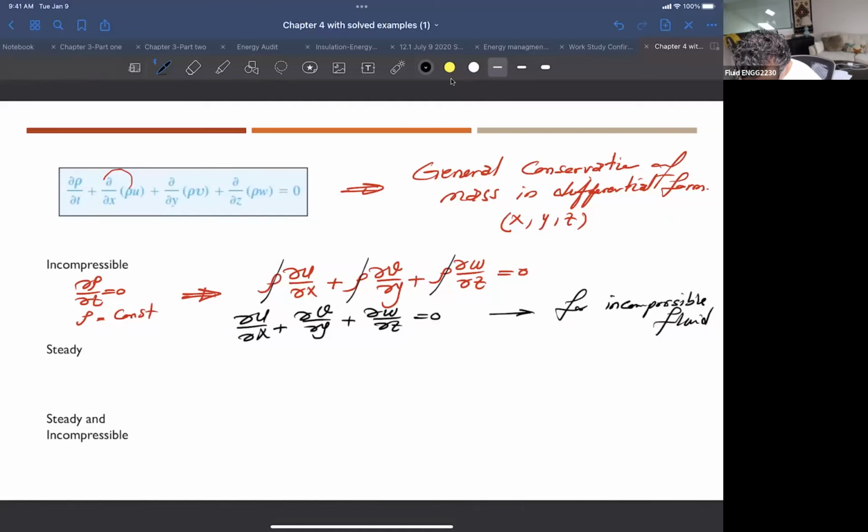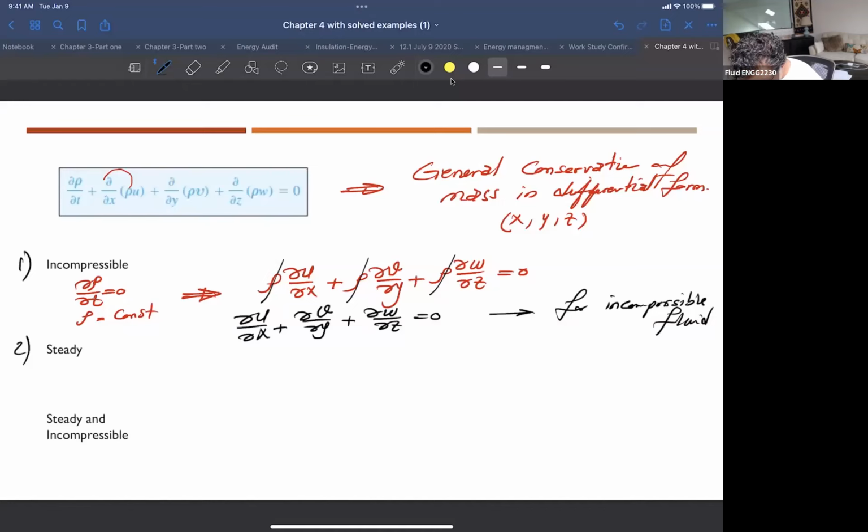If I have a steady flow, is it the same? No, it's not the same. It's only the change with time that is 0. Did I say compressible or incompressible? I didn't say anything, I just said steady.